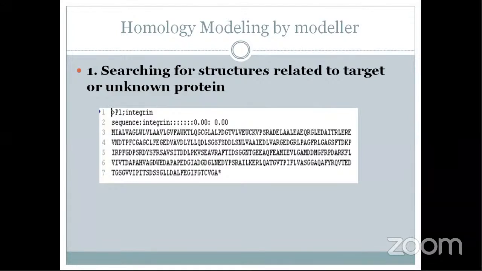In the Swiss model, you cannot select the particular template; the software only selects it and aligns. But in Modeler, since it is software, you can download it and use it. You can take a template of your own choice, align it and predict the 3D structure.